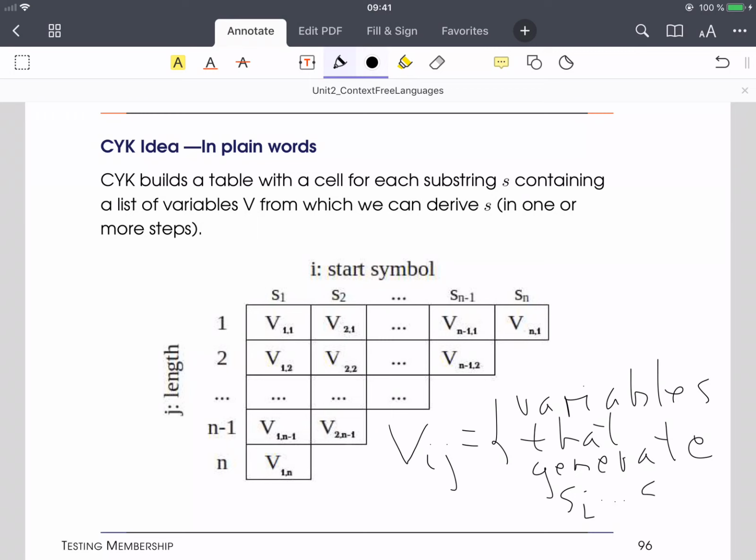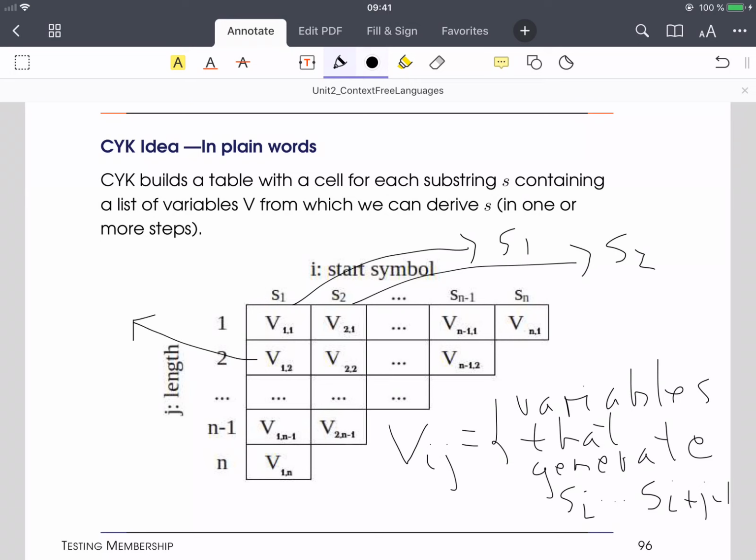So they go up to position i plus j minus 1. For instance, here we have the variables that generate exactly the string whose only symbol is s1. Here we have the variables that generate the string whose only symbol is s2.